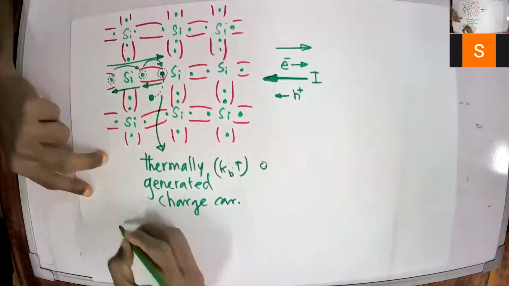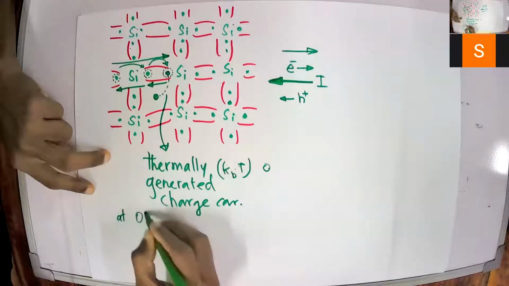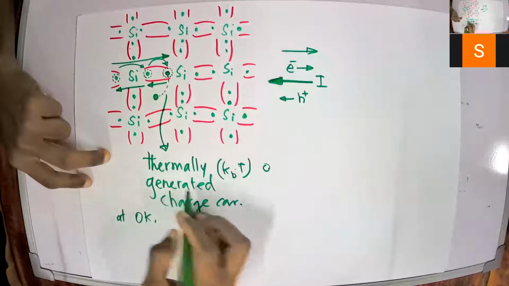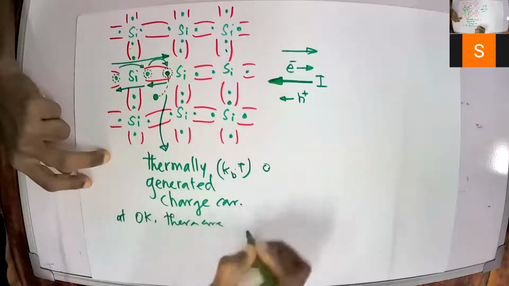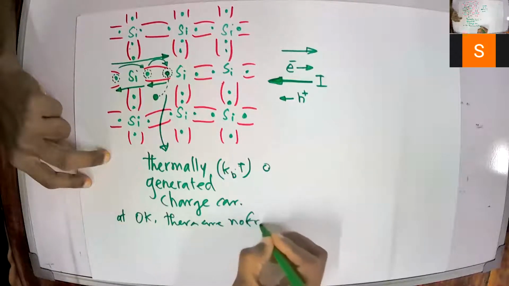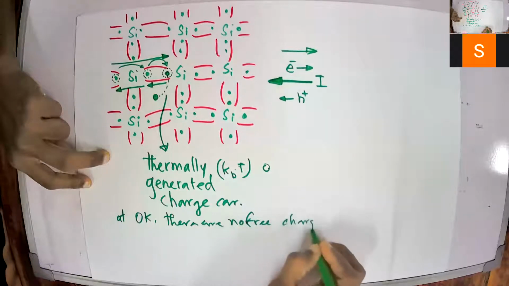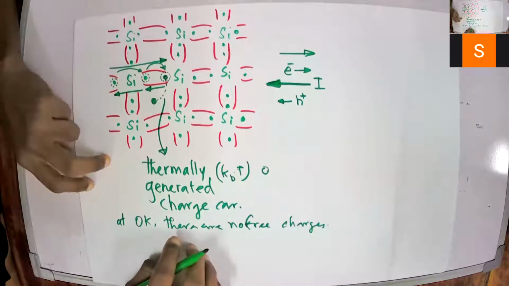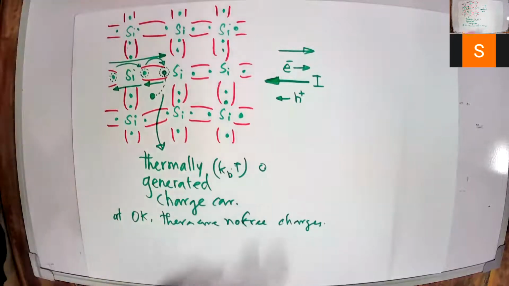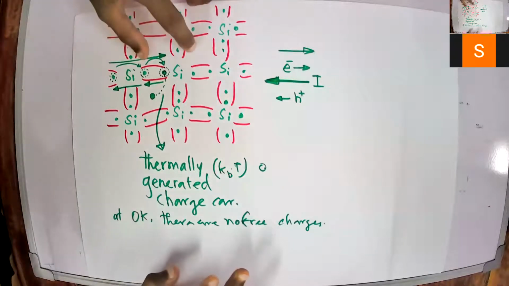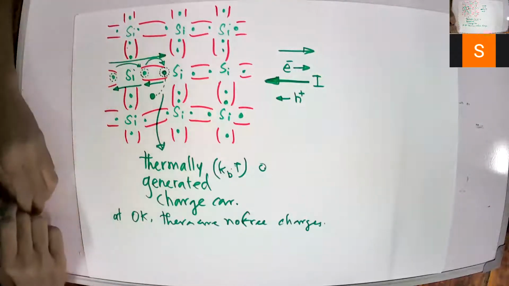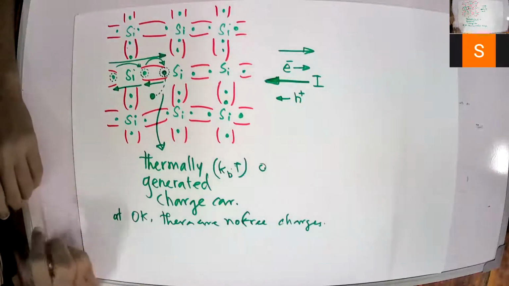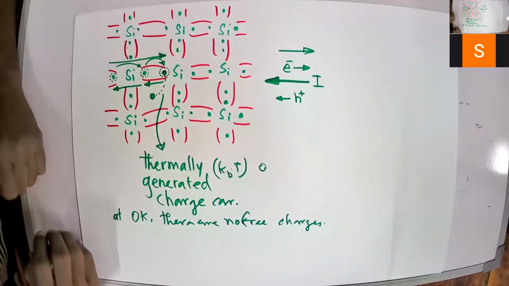So at 0 Kelvin, there are no free charges. Hence, the silicon will behave like an insulator at 0 Kelvin.